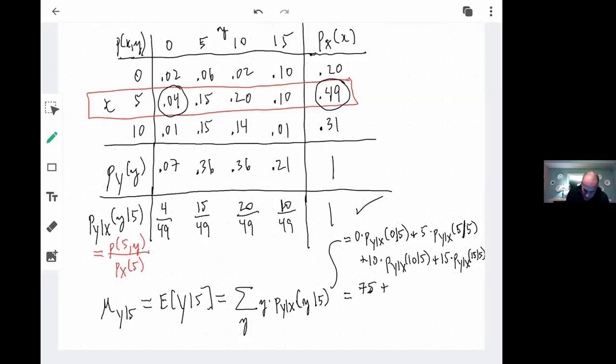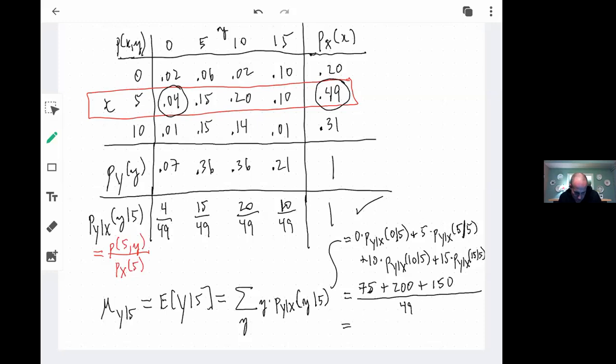I'm just going to write everything over 49 here. Okay, 10 times 20 is 200 when you think about it. And then 15 times 10 over 49 is 150 over 49.